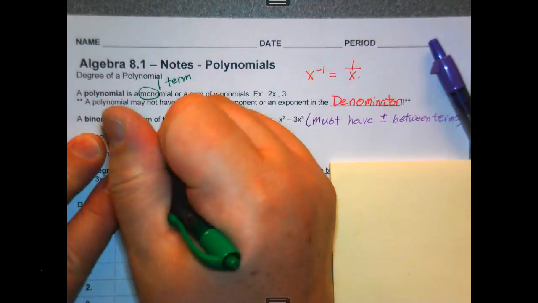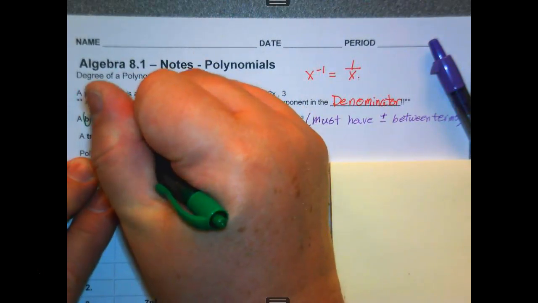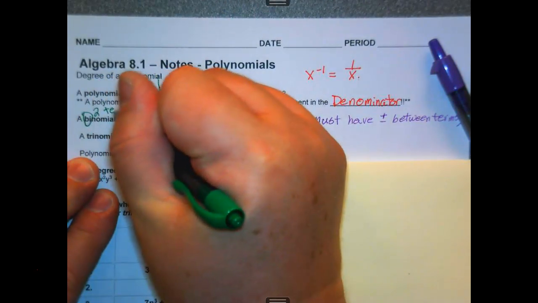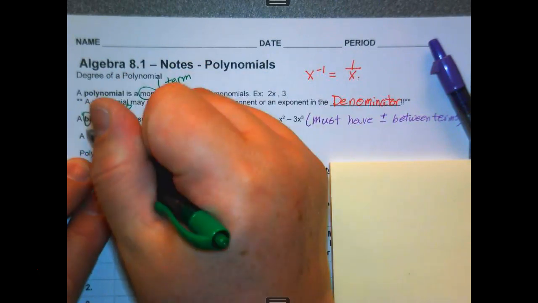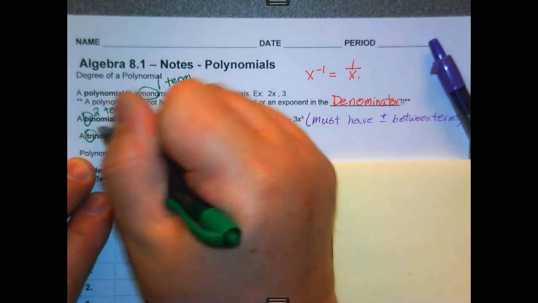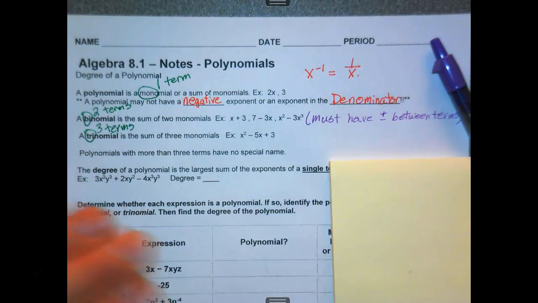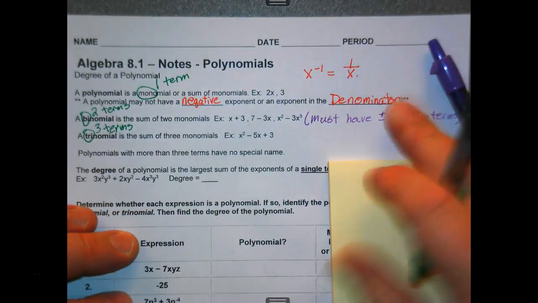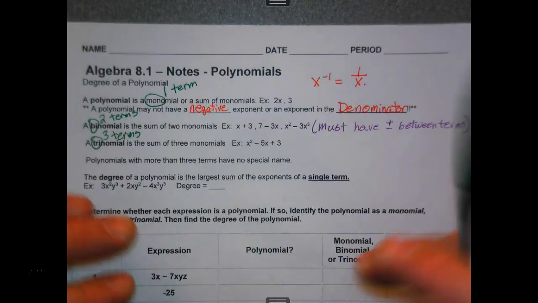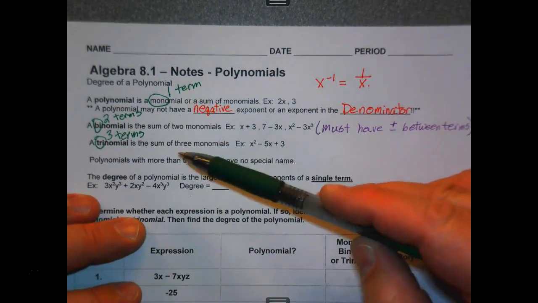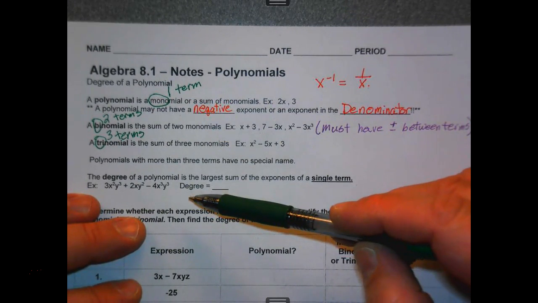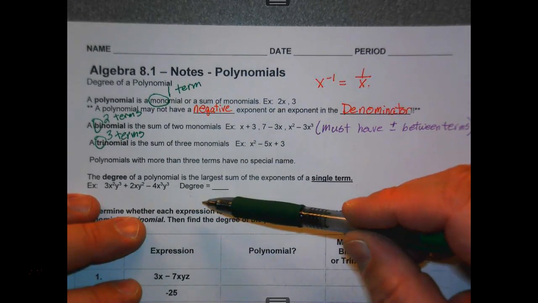Okay, binomial, bi is 2 terms. Trinomial is going to be what? 3 terms. Okay, now remember, terms must have a plus or minus sign between them to make them the different types of polynomials. That's really important.